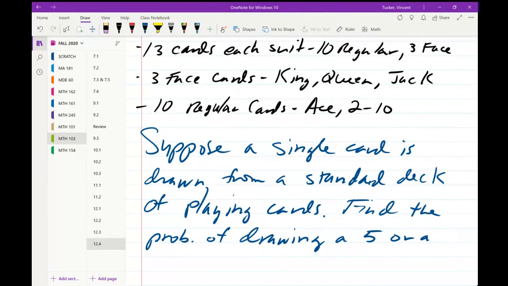All right, suppose a single card is drawn from a standard deck of playing cards. Find the probability of drawing a 5 or a king.